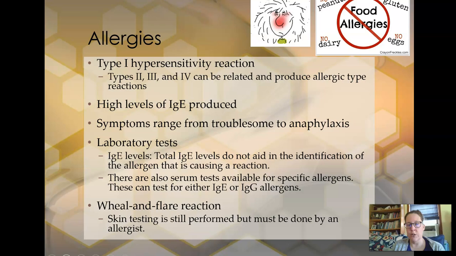But there are also serum tests available for specific allergens, and they can be for IgE or IgG, and you have to know what you want. Sometimes there are certain panels, like food panels, that lump some of them together, but usually the doctor would suspect certain allergens and then order tests for those.